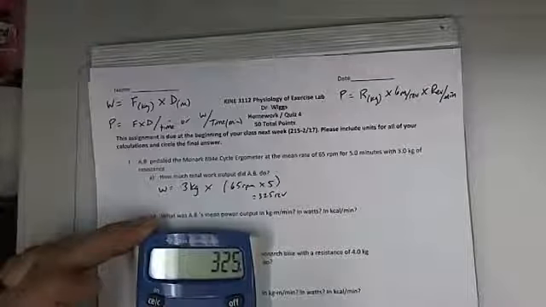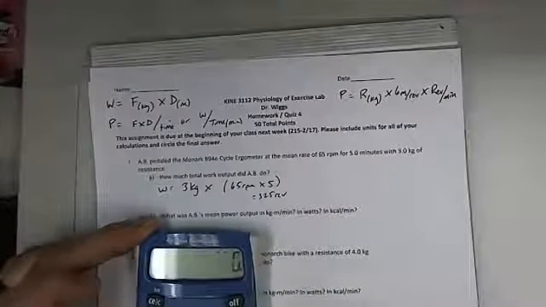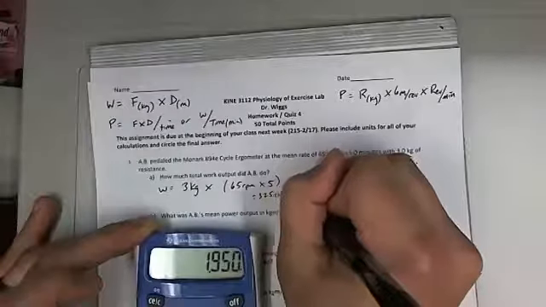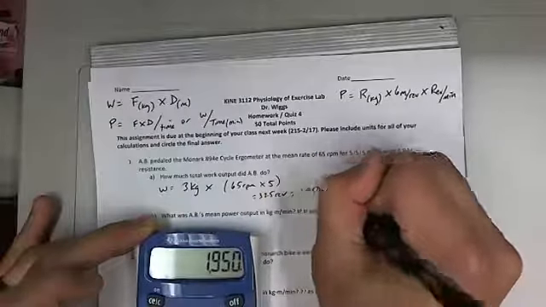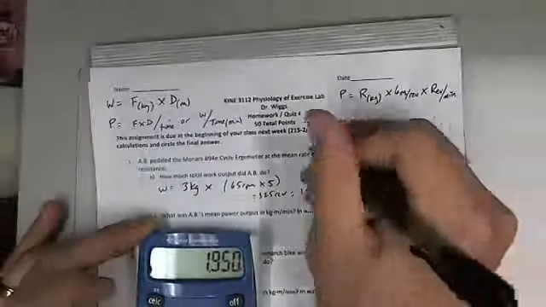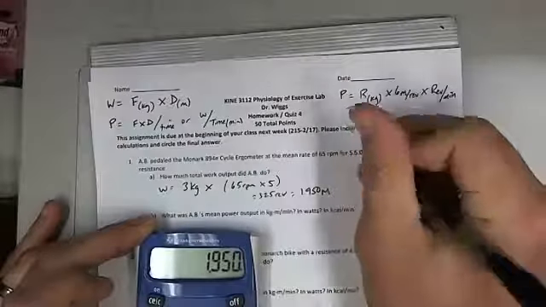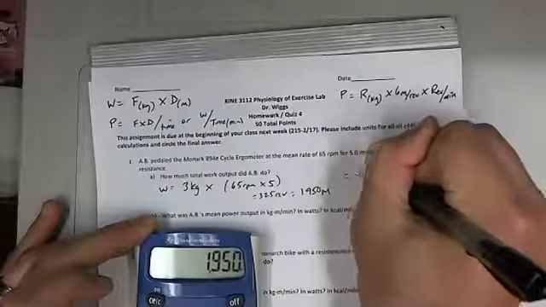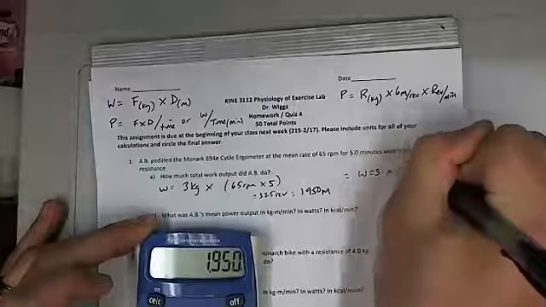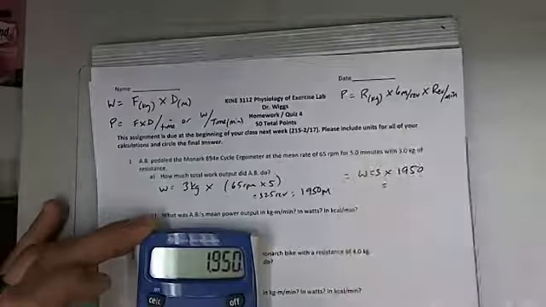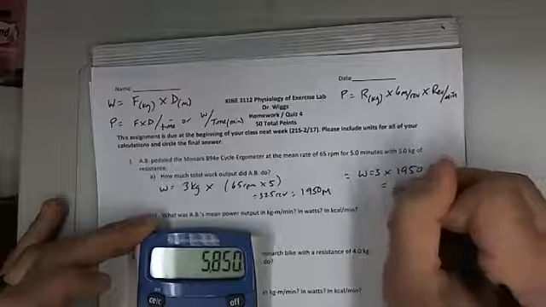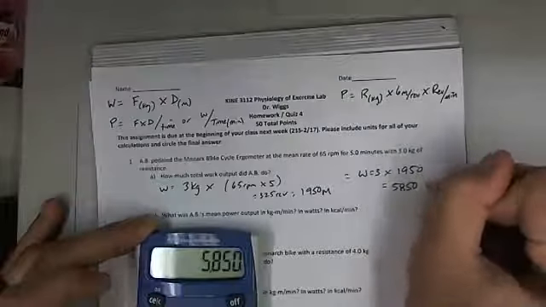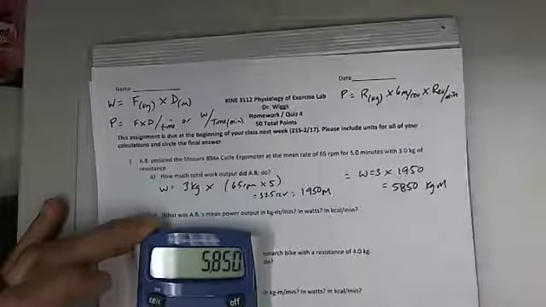So 325 times 6 gives us 1950 meters. Right? So we can now plug that in. Work is equal to 3 times 1950, which is equal to 5850 kilogram meters.